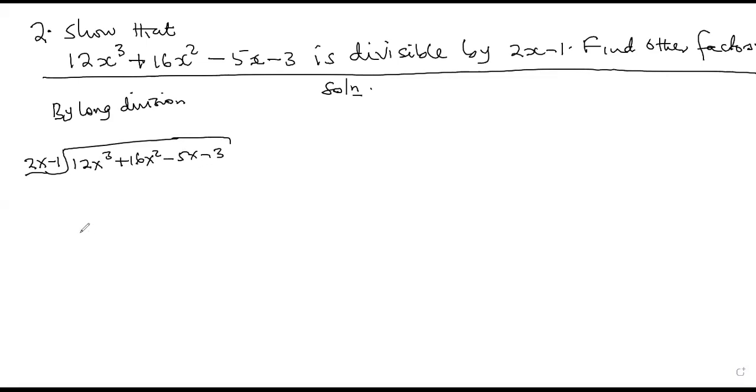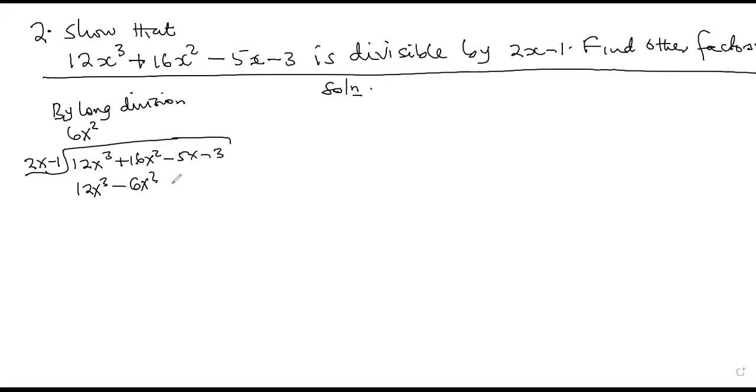I guess using the first lesson, all of us can do long division. You get 12x cubed divided by 2x, you get 6x squared. 6x squared times 2x, 12x cubed. 6x squared times -1, minus 6x squared.